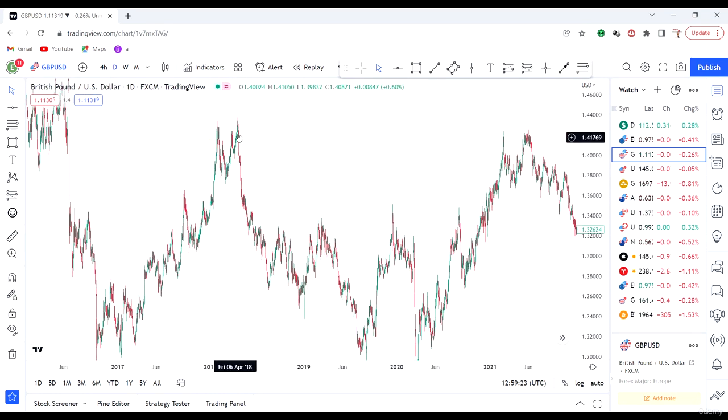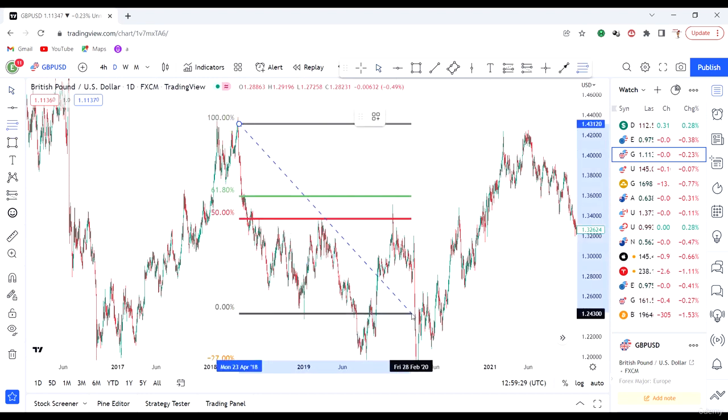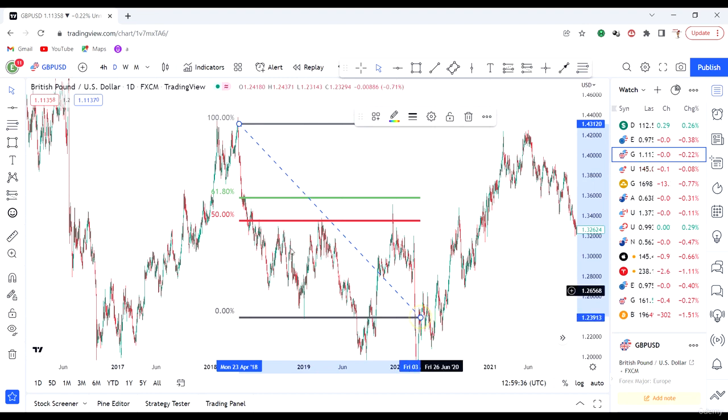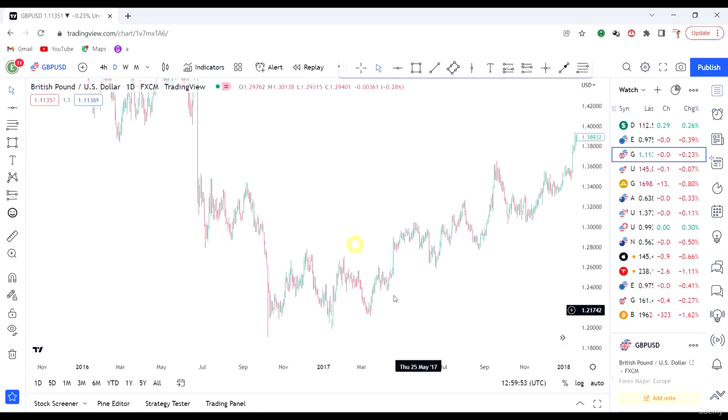Okay, so let's assume this is point A and point B. Now, what do we see? The market came, hit point A, retraced from point A, hit point B, and came to the 50% retracement level to form point C and continued selling. So the Fibonacci tool is a very powerful tool.